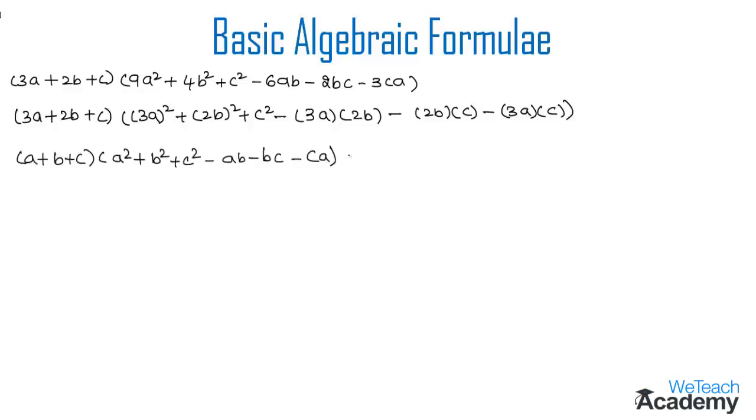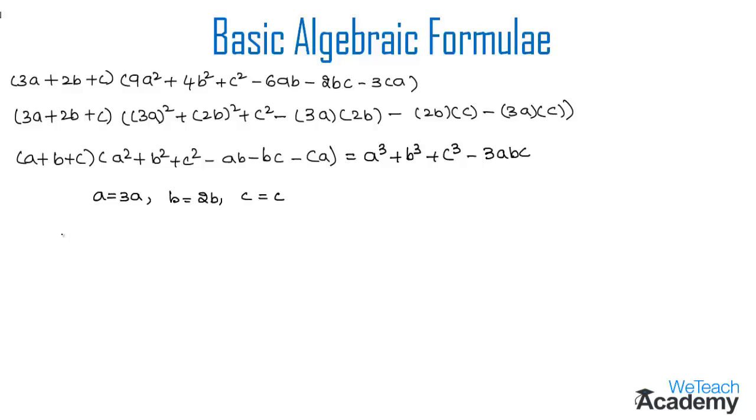We get (a plus b plus c) into (a square plus b square plus c square minus ab minus bc minus ca). We know that the formula is a cube plus b cube plus c cube minus 3abc. By comparing, we get the value of a as 3a, b as 2b and c as c. Now let us write this in the form of the formula a cube plus b cube plus c cube minus 3abc.